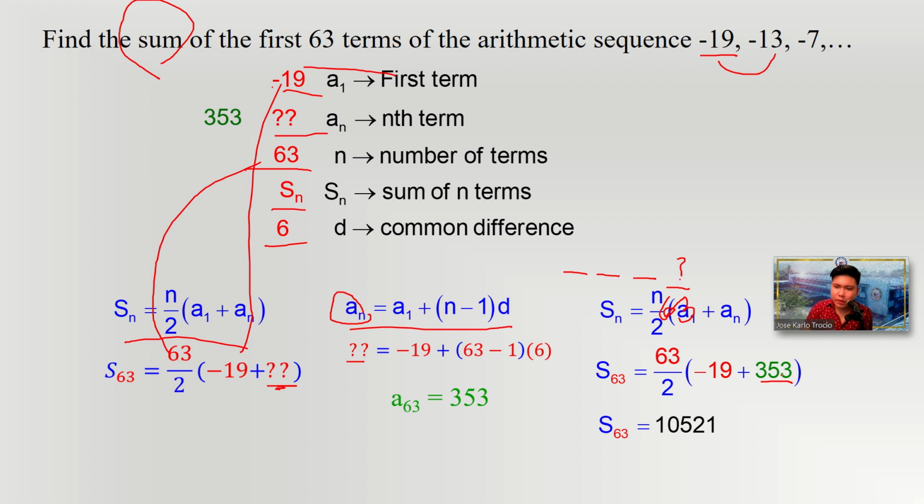Let us do this step by step. 353 minus 19 is 334. 334 times 63 is 21,042. Divide it by 2, that is 10,521. So the sum of the terms negative 19 plus negative 13 plus negative 7 and so on is 10,521. That is the sum.